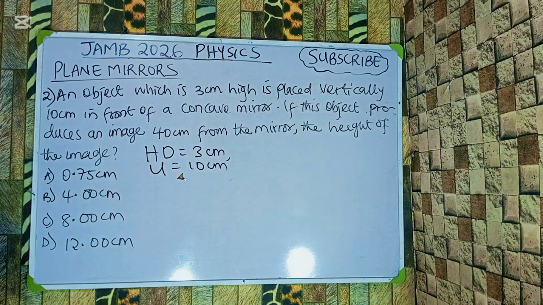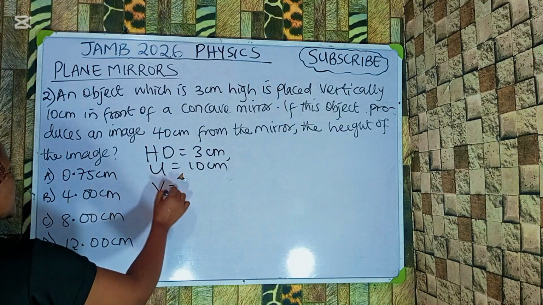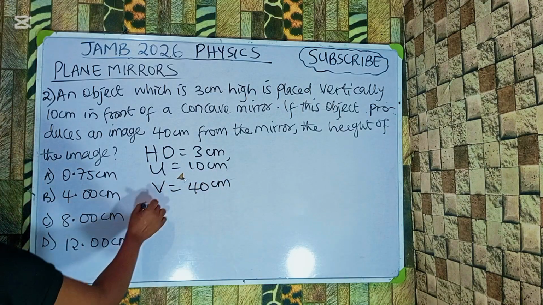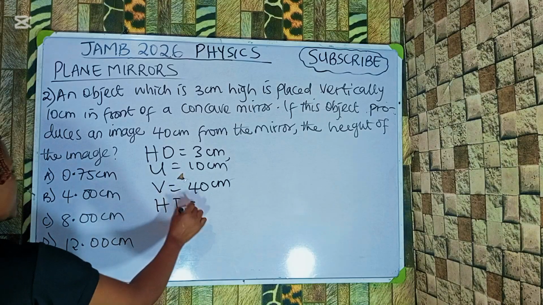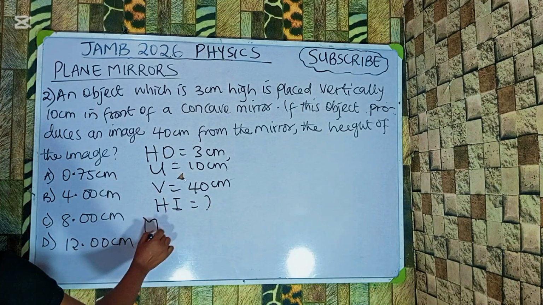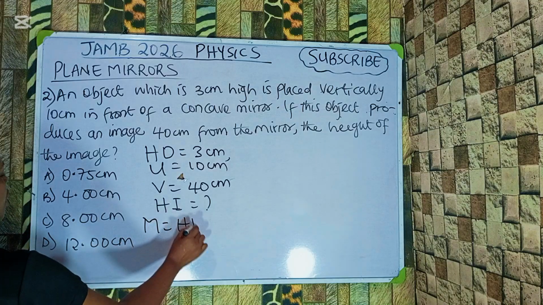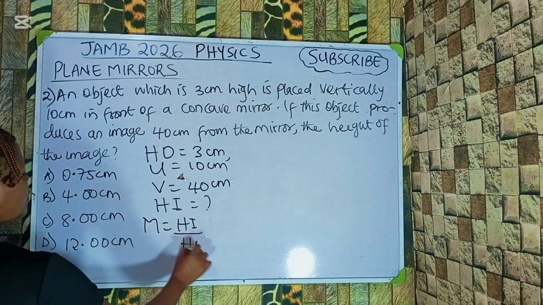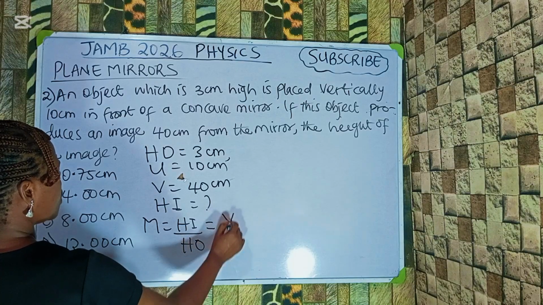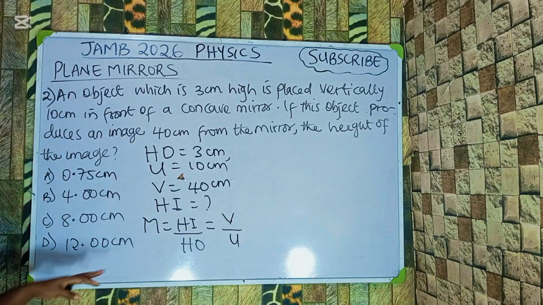If this object produces an image 40 cm from the mirror, the image distance V is equal to 40 centimeters. You're looking for the height of the image. We are going to use magnification. Magnification M is equal to height of image over height of object, which is equal to image distance V over object distance U.